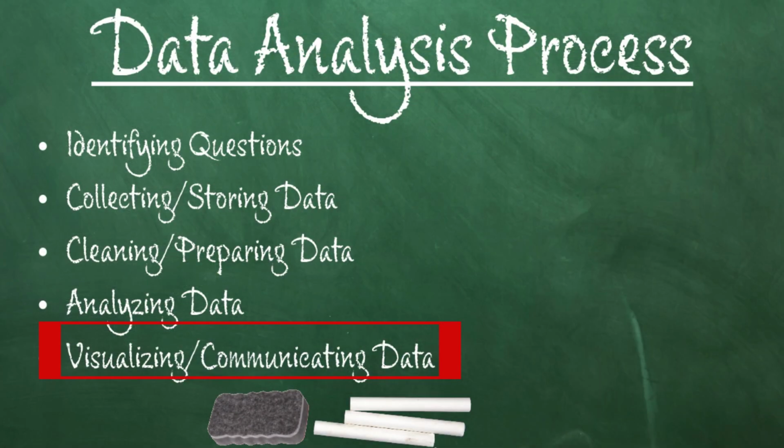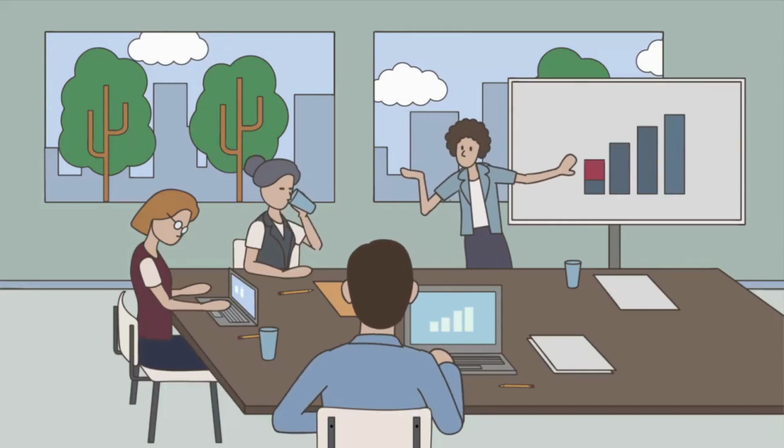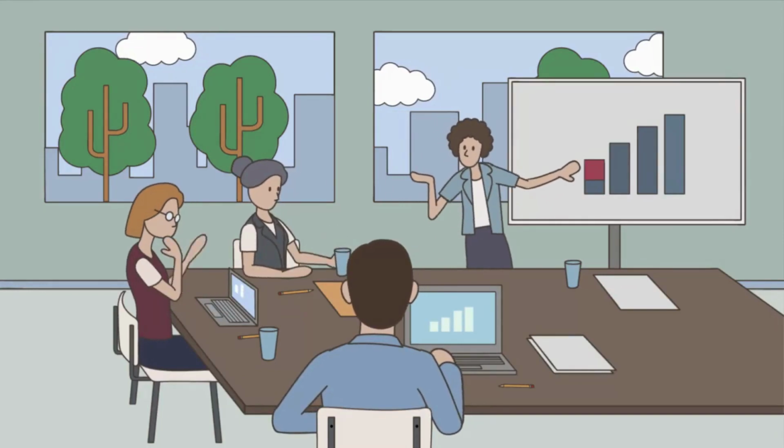And then the final category is visualizing and communicating data. So we've already done the hard work, and now we need to explain and show how the data answers the question that we asked at the beginning of the process. The reason why we use visualizations is because they do a much better job of making it easier for people to understand the data and the answers to the questions that we just established.